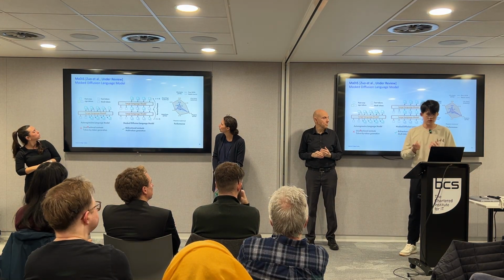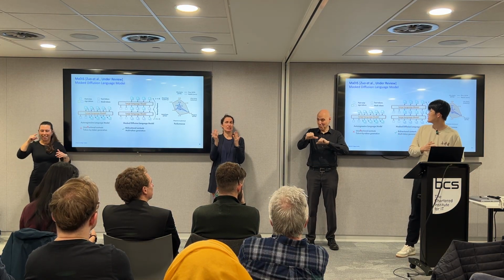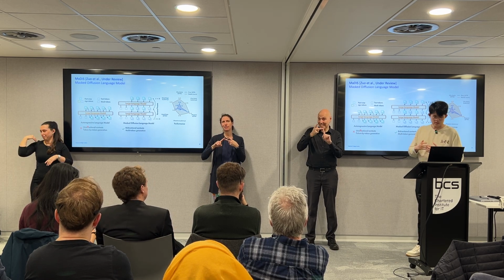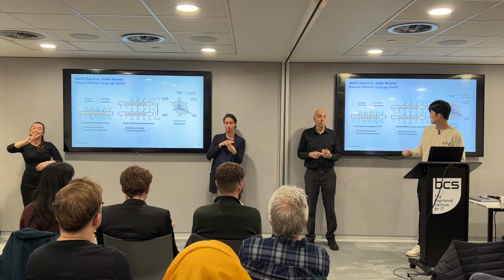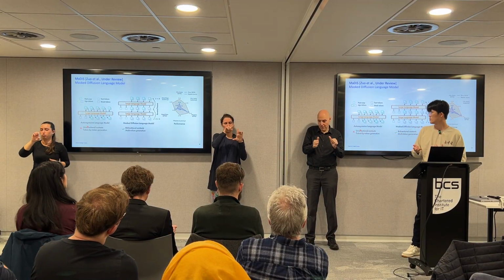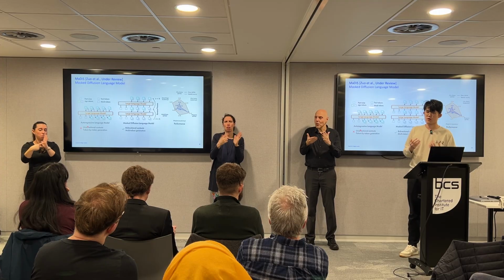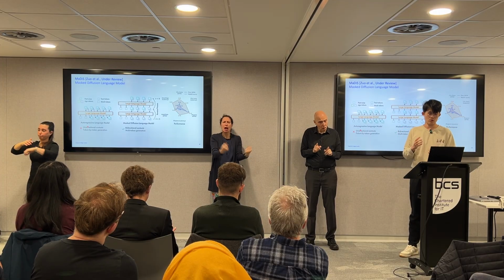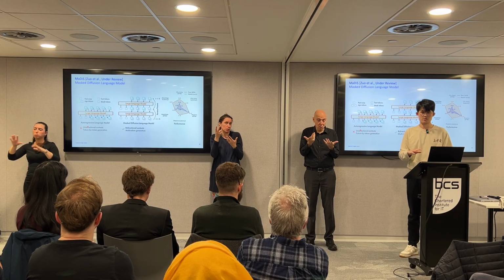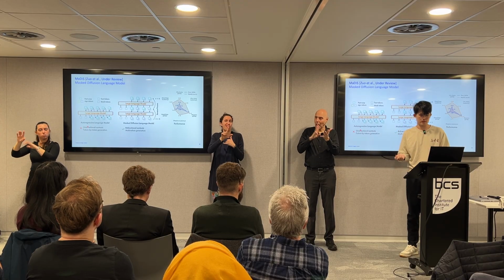Okay, due to time limitation, I will briefly introduce the second work. The previous one is based on an autoregressive language model. It's well established and very powerful. It has already been successfully used in current large language models like ChatGPT.